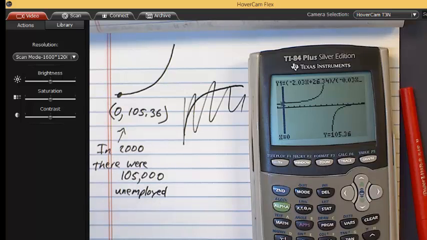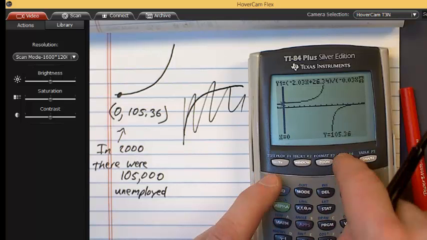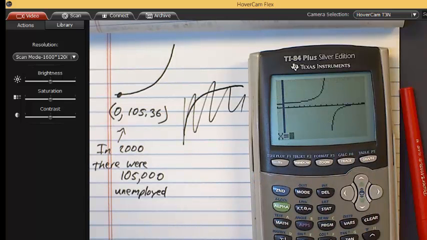Okay. And then let me talk about the year 2010. So if I want to know that, I can hit second calculate a value, and I'll plug in 10. Oh, wait, something's wrong. Why did that happen? Because I remember the reasonable domain. Didn't you guys tell me the asymptote was at 11.6? Let me check that out.